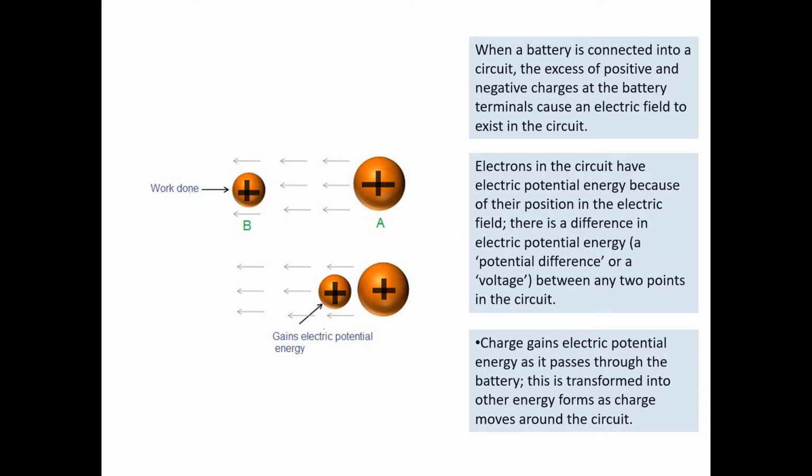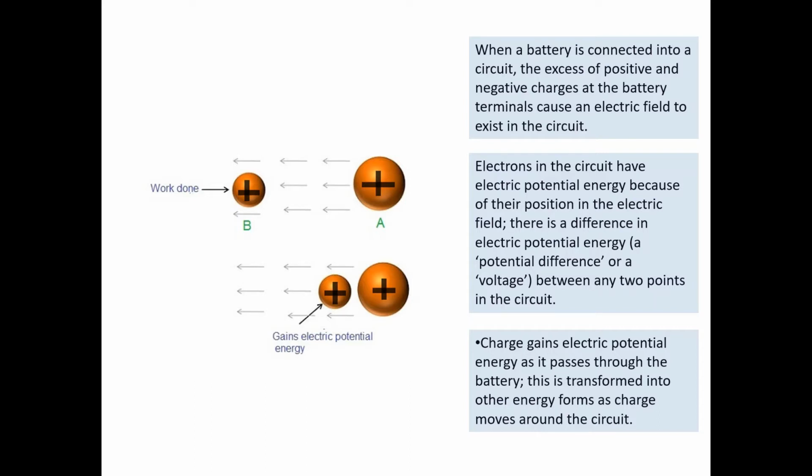Alright, so what happens when you push particle B, which is positive, towards particle A? You need to put some work in because naturally they will repel. Now, as the positive charges get closer together, particle B will gain electrical potential energy, because when you release it, it would suddenly be repelled. The closer the two positive charges are together, the greater the repulsive force and the greater the electric potential energy.